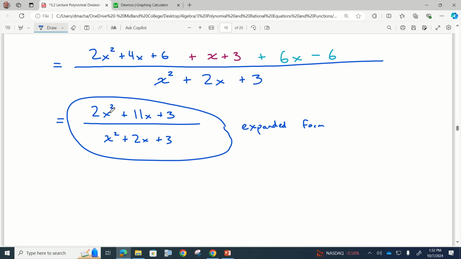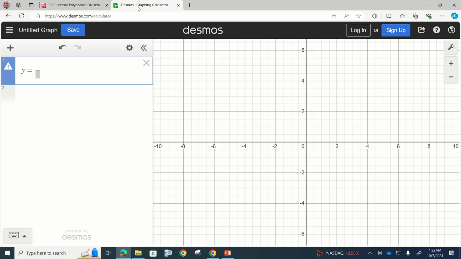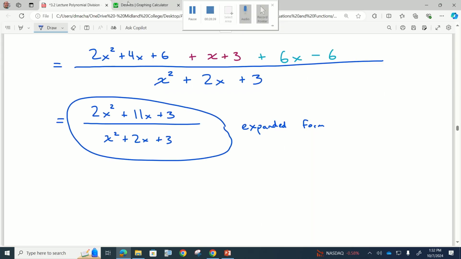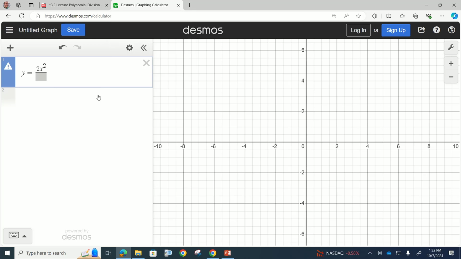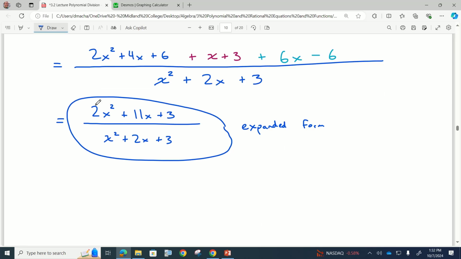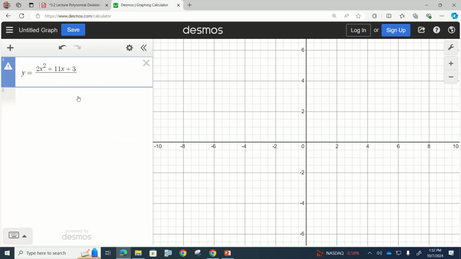So our answer was 2x squared plus 11x plus 3. And then in the denominator, x squared plus 2x plus 3.